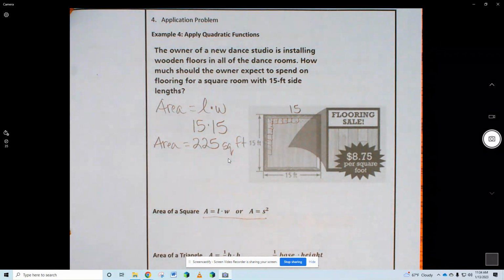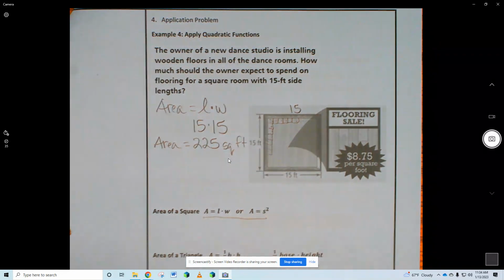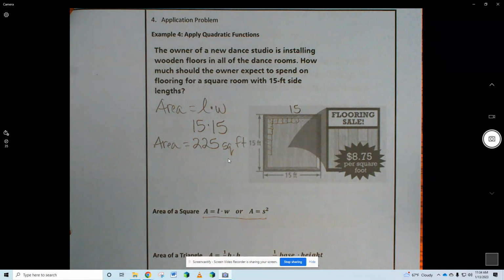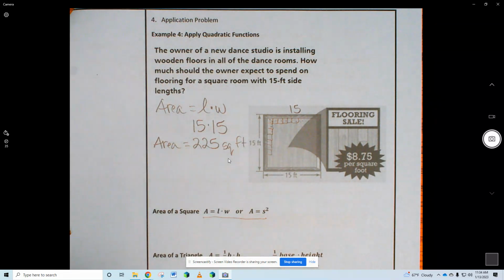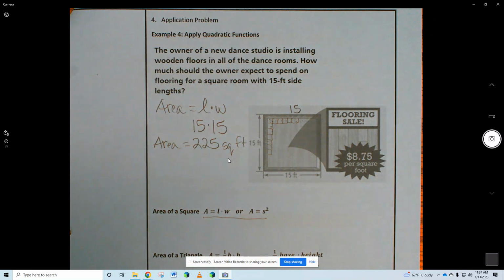So, talk with your group. What should I do? Should I be multiplying? Should I be dividing? Adding, subtracting? Tell your group and then tell them why. Okay.